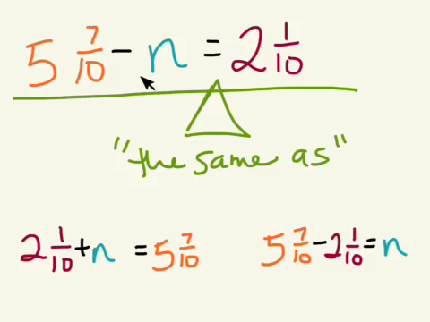From left to right, start to finish. The start of the situation to the end of the situation. It's okay to rewrite it in these ways to solve it, to get our answer, but we have to understand that this is the equation for the story problem.